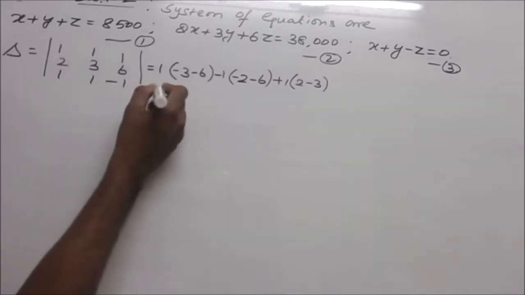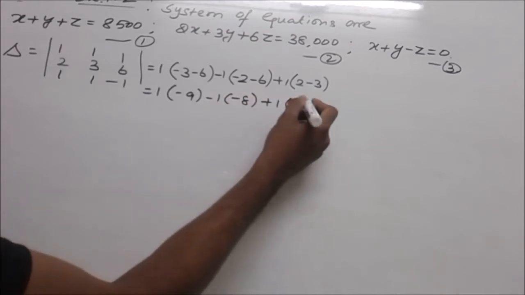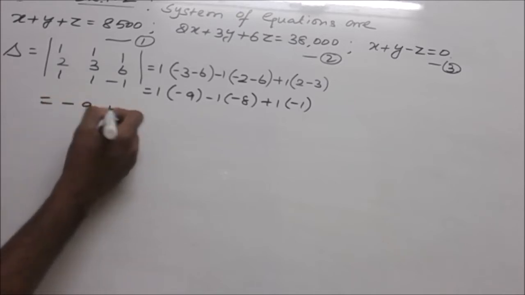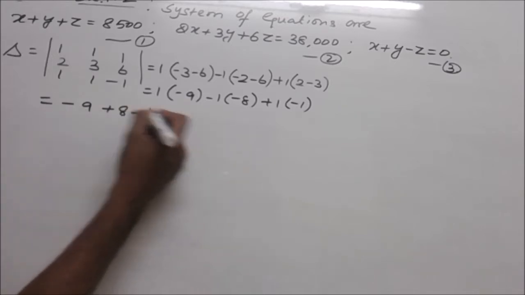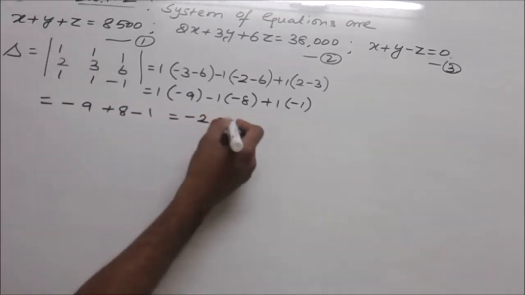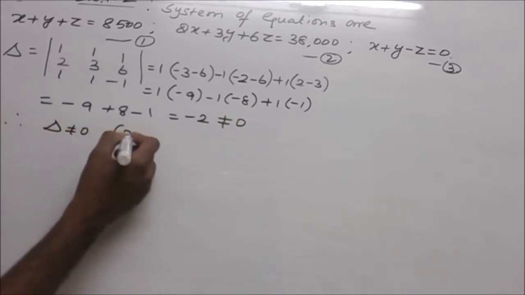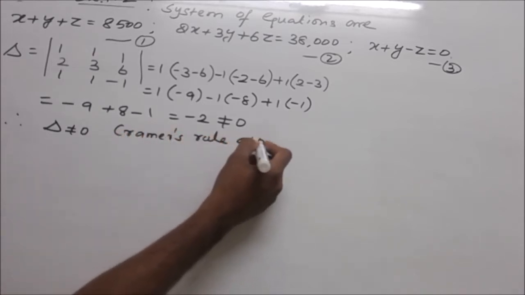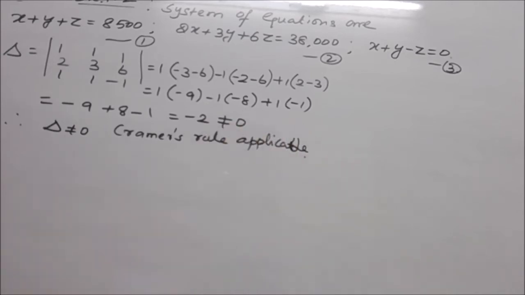That is equal to 1 into minus 9, minus 1 into minus 8, plus 1 into minus 1, which equals minus 9 plus 8 minus 1, that is minus 2, not equal to 0. Therefore delta is not equal to 0 and Cramer's rule is applicable. That means the system is consistent and has a unique solution.